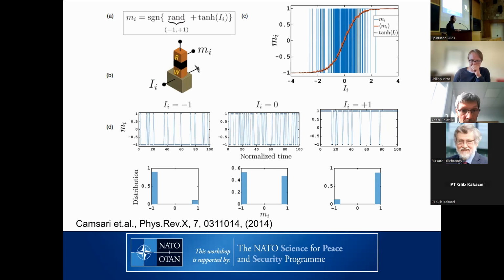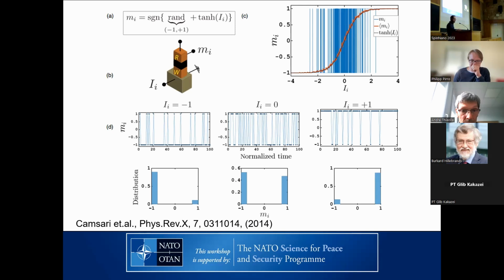With large, let's say, negative current, it can be current, it can be voltage, I will tell you more about it later. So negative current, it's almost every time in the -1 state. Positive current, it's almost all the time in the 1 state.